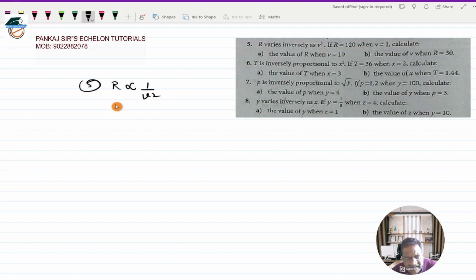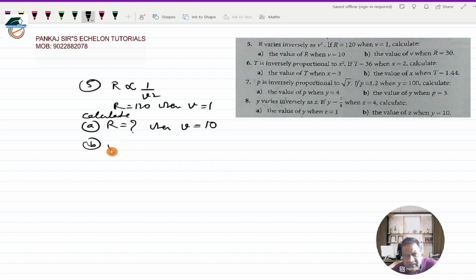Then he has told you that R will be equal to 120 when V is equal to 1, and then calculate A, the value of R when V is equal to 10, and B, find the value of V when R is equal to 30. That's the question.